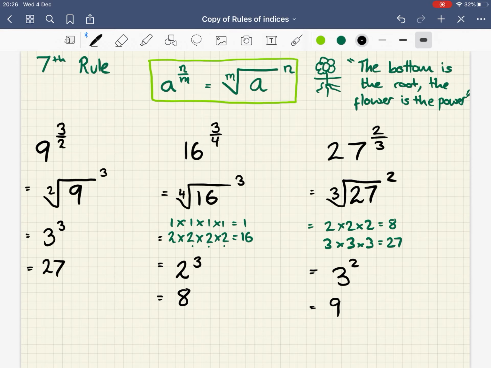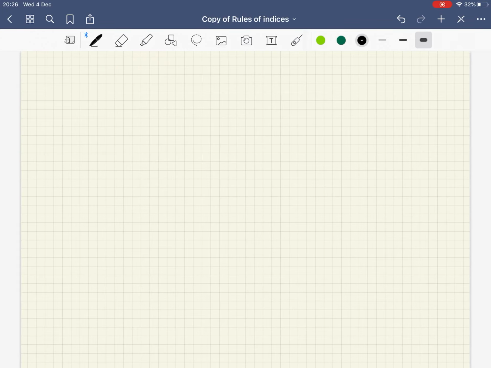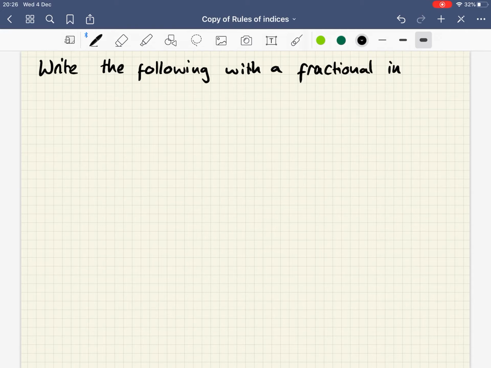Now, there's one other way that this type of question can be asked. So still using my 7th rule, it might ask the following: write the following with a fractional index. So it's just saying, write this thing out again, but this time we want the power to be a fraction.